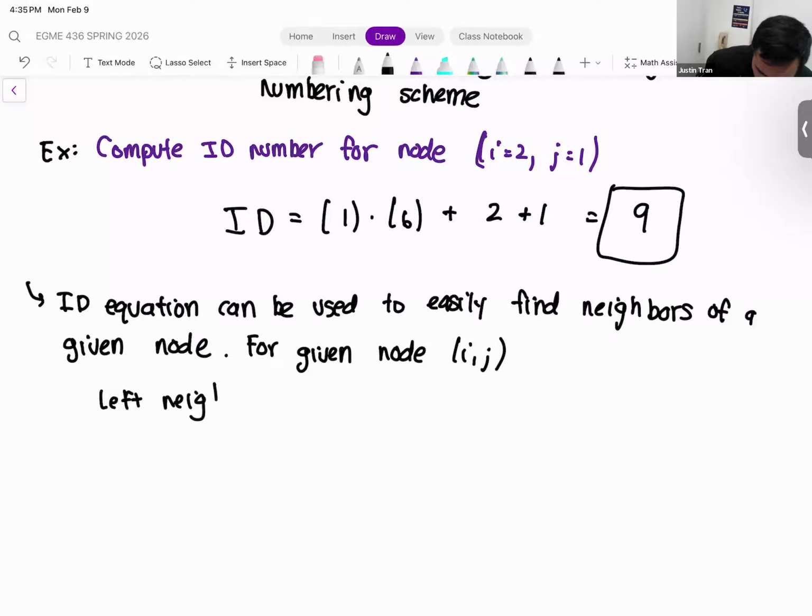Okay. So first thing you usually do when you're trying to find the ID numbers for a given neighbor is you find the IJ coordinates first, right? So the left neighbor is very straightforward. You take the IJ of your central node, and your left neighbor is going to be the one to your left. So that's going to be I minus 1, comma j.